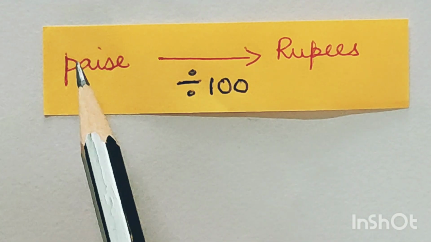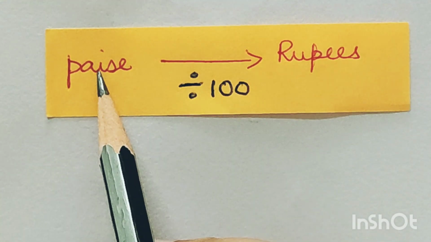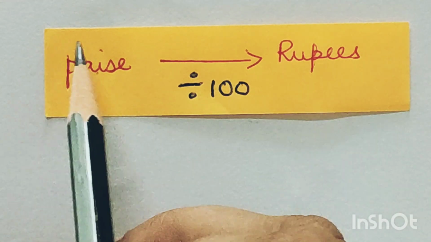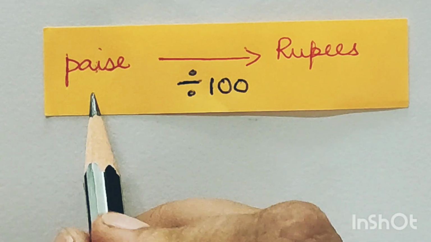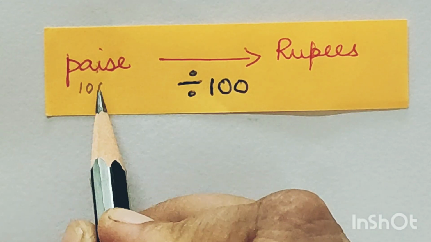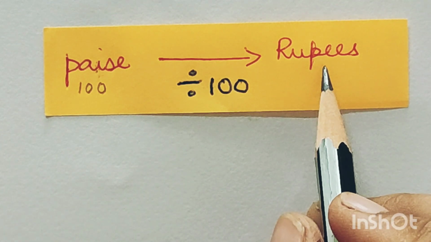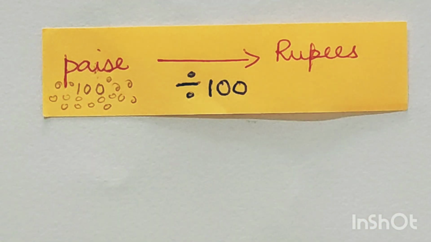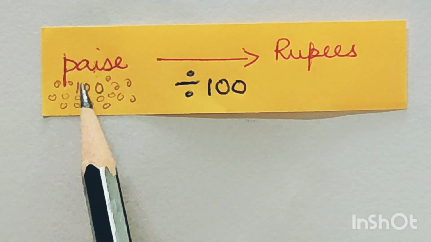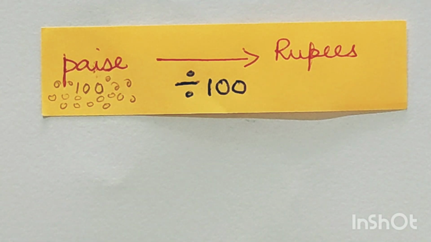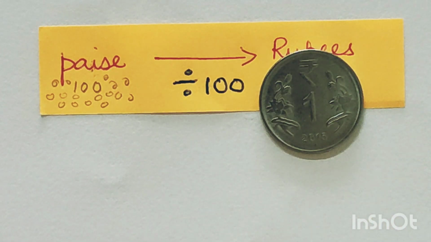Now let's understand this. We know that if you want to convert paise to rupees, we should first know how many paise will make a rupee. Remember, 100 paise put together will make a rupee.